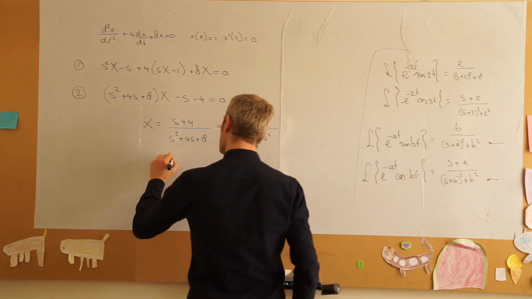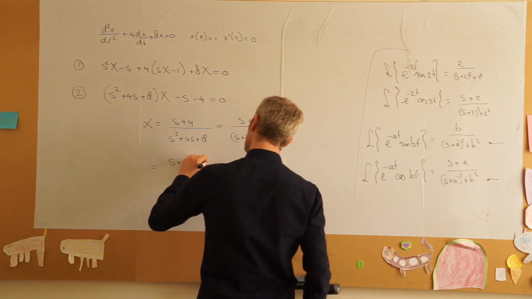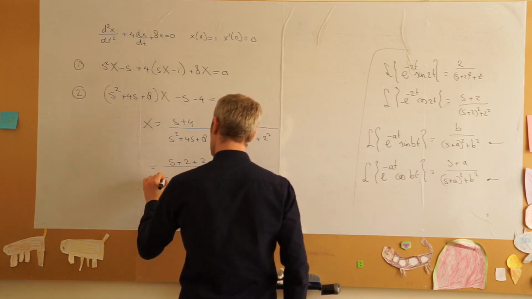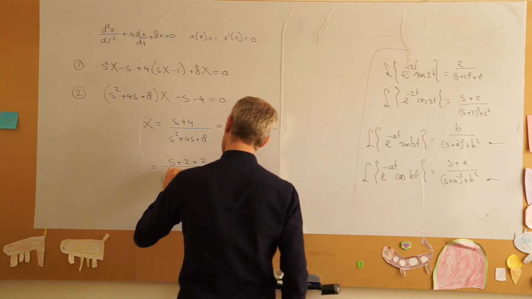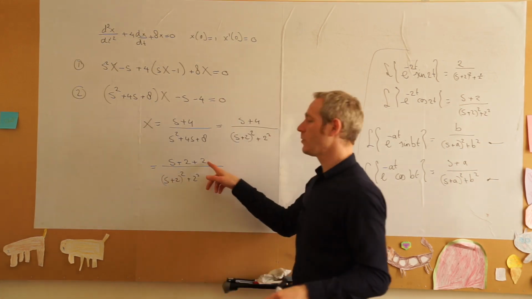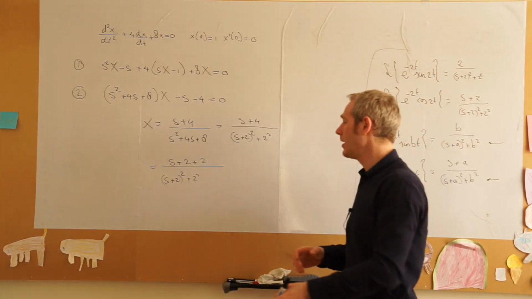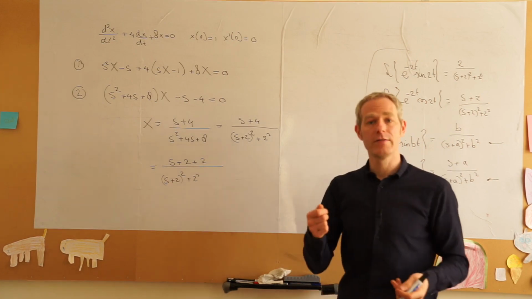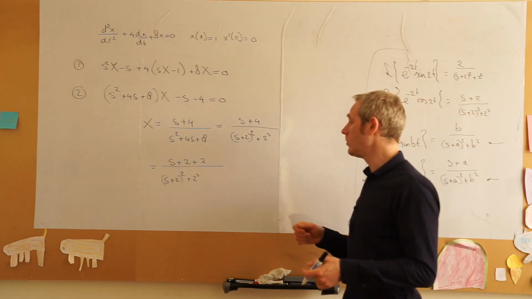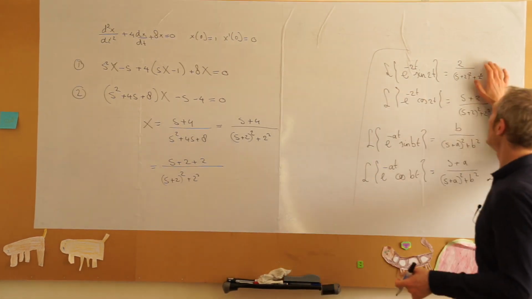So I can write s plus 4 as s plus 2 plus 2. Now for this particular example, this 2 is very convenient. But if that is not 2, but let's say 5, you can always write this as 5 divided by 2 times 2. And then I have something again in this form.